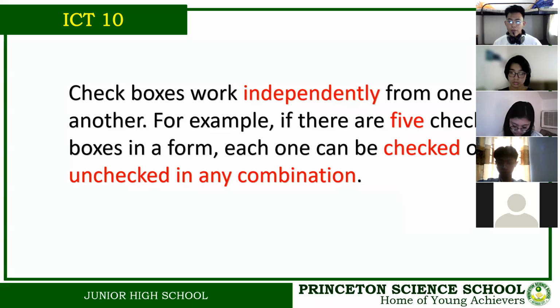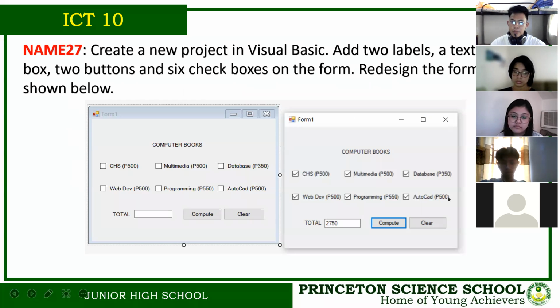If you have 5 and you check 3, it can either be 3 consecutive options or 3 alternating options and so on. They do not rely on whether the other options are being selected, unlike radio buttons.